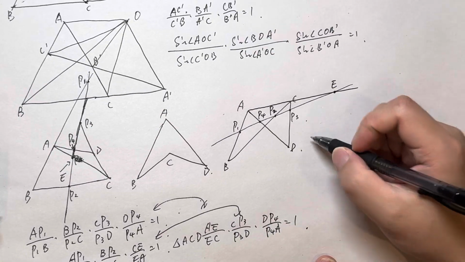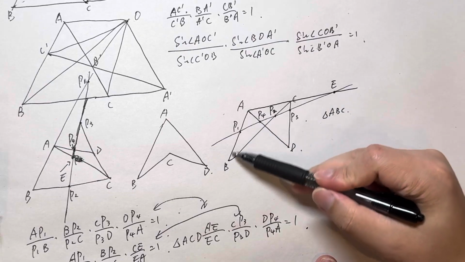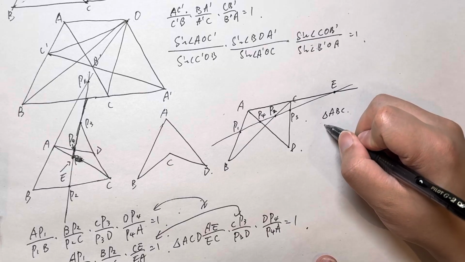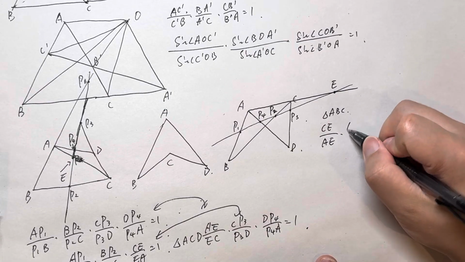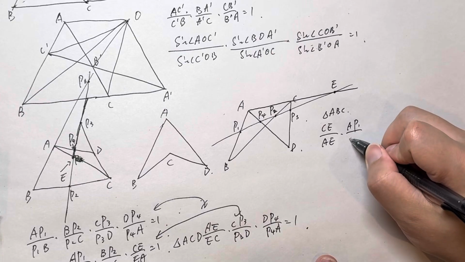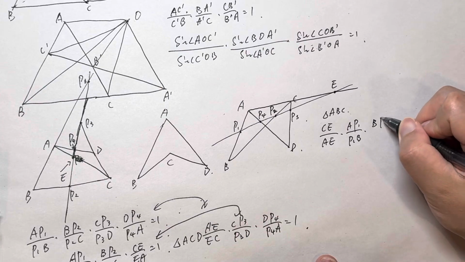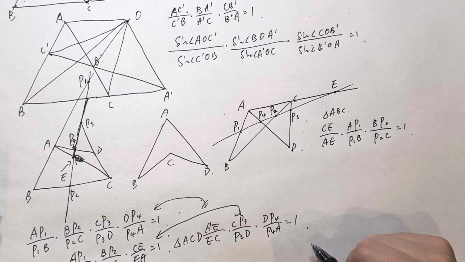Right? For the triangle ABC and this line, we have CE to AE times AP1 to P1B times BP2 to P2C equals 1, right?